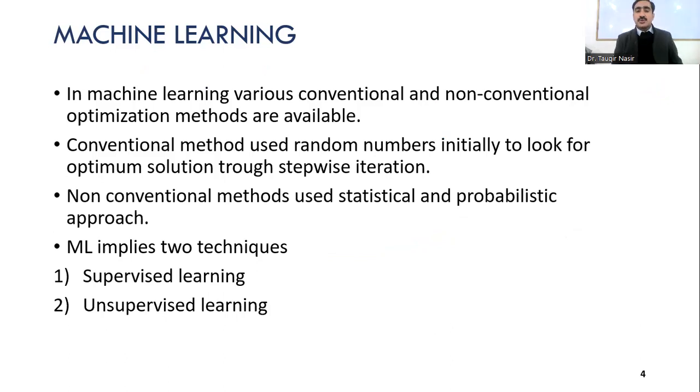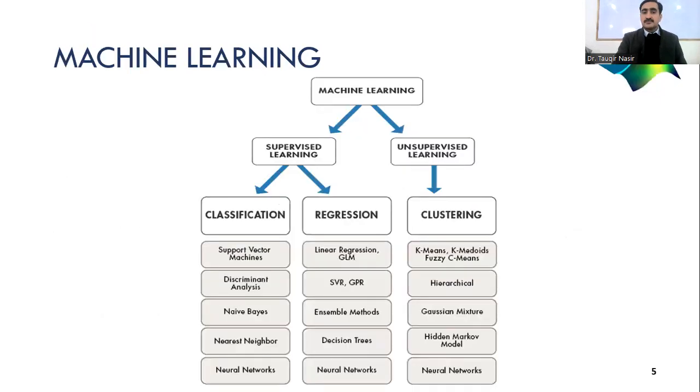In machine learning, various conventional and non-conventional optimization methods are available. Conventional methods use random numbers initially to look for the optimum solution through stepwise iteration, and non-conventional methods use statistical and probabilistic approaches. Machine learning has two techniques, that is supervised learning and unsupervised learning. Supervised learning is classification and regression.